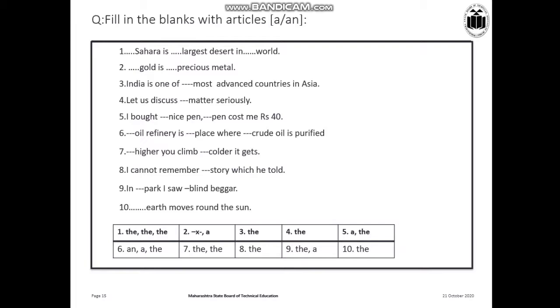And here is the comparison of two adverbs: the higher you climb, the colder it gets. And the eighth question is: I cannot remember dash story which he told. Already he told me a story and I know what that story is. As I am already familiar with that story, I should use the definite article the. I cannot remember the story which he told me.